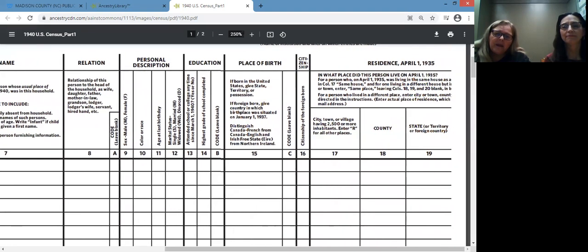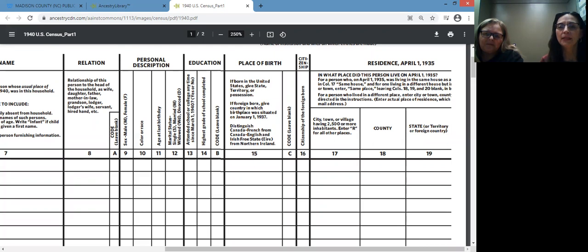And then, Peggy, you want to take it from there? Oh, it talks about where they were born. Each person, it will ask about each person that's on the census list. And then their citizenship, if they are a citizen of the United States, or were they born in a different country? And if so, did they obtain citizenship?